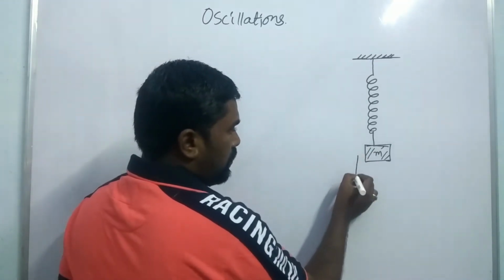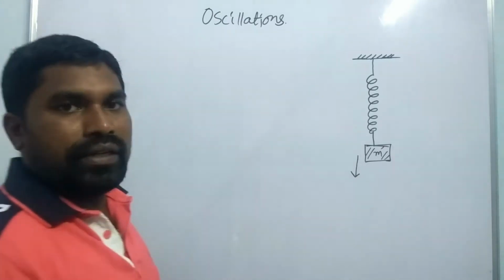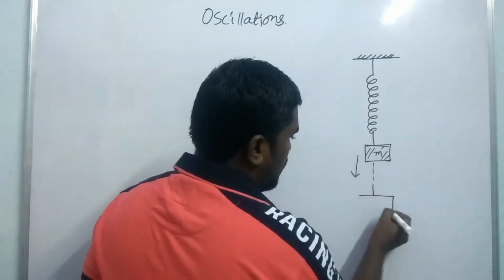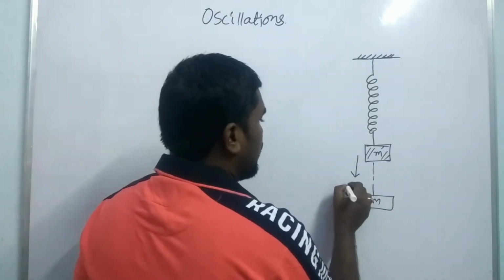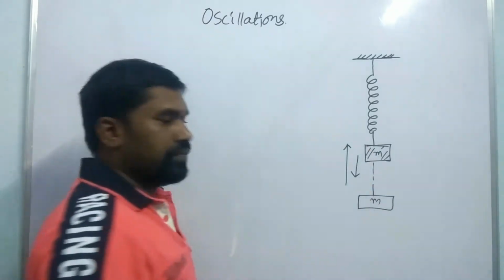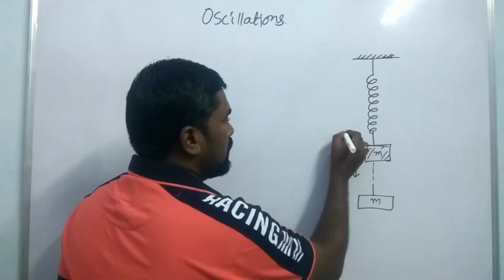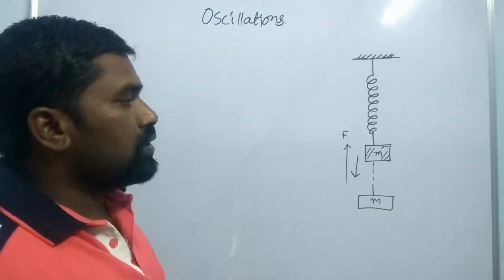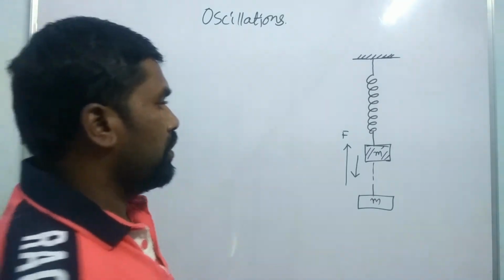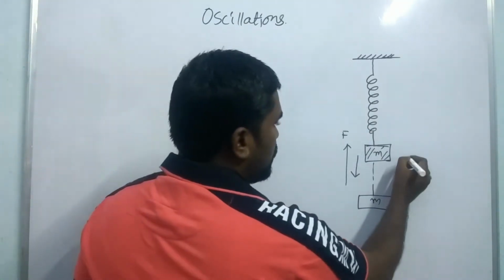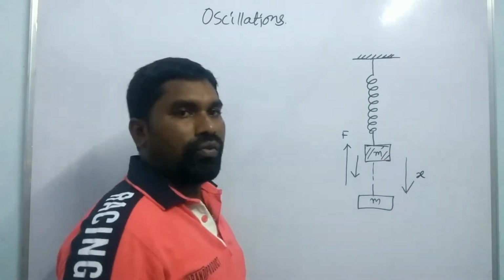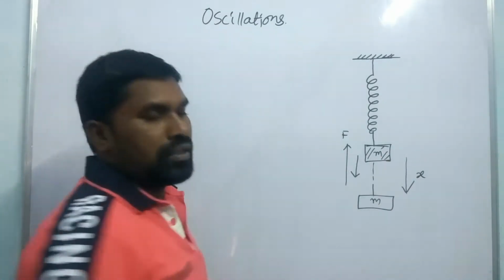Whenever we pull this in the downward direction, the displacement is in this direction, but the force will be acting in the upward direction. So this is the force acting on the body which was hanging by the spring. When the spring is pulled downward, the displacement is downwards, and the force will be acting upwards.